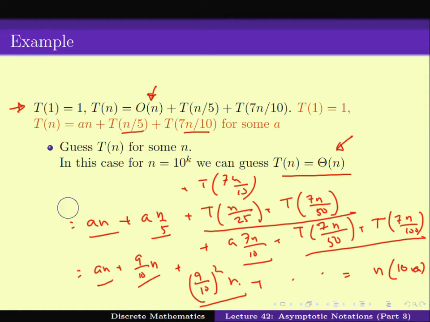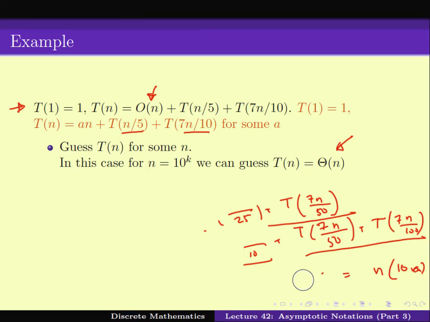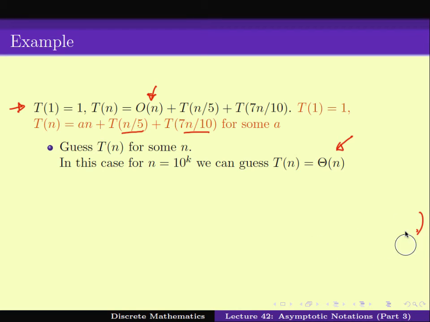So in other words, you cannot guess this thing exactly again, even for the special case of n equals 10 power 5 and so on. But what you are able to guess is that Tn is something like theta n.